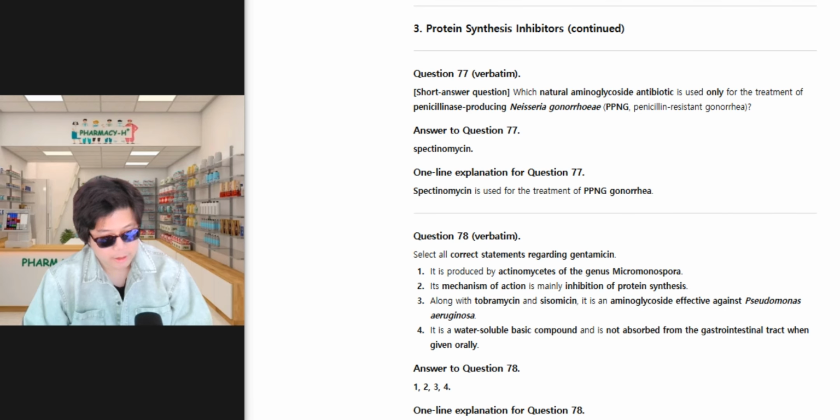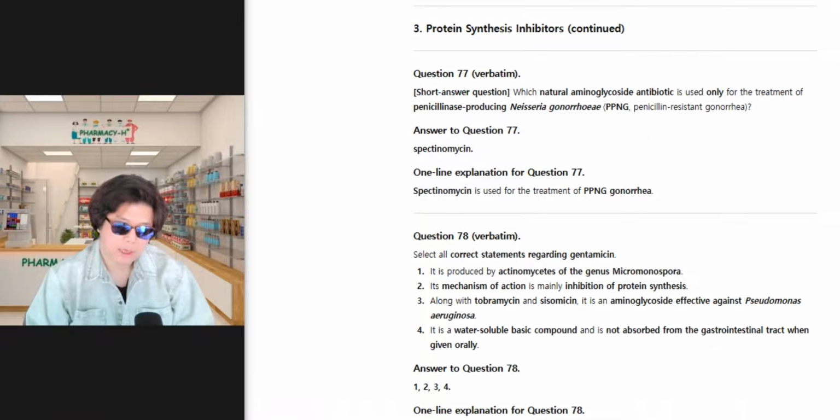Question: select all correct statements regarding gentamicin. 1. It is produced by actinomycetes of the genus Micromonospora. 2. Its mechanism of action is mainly inhibition of protein synthesis. 3.